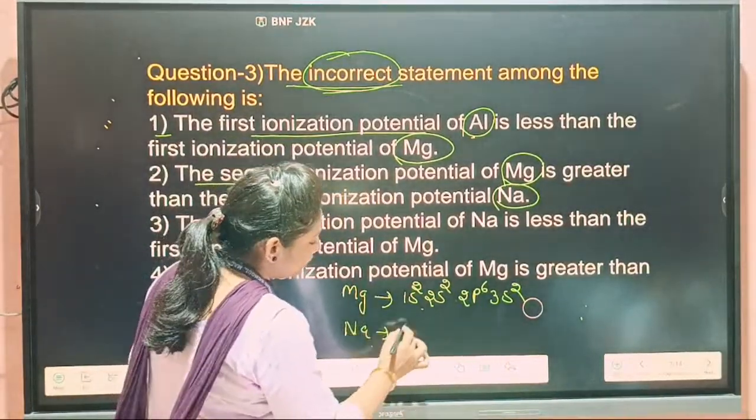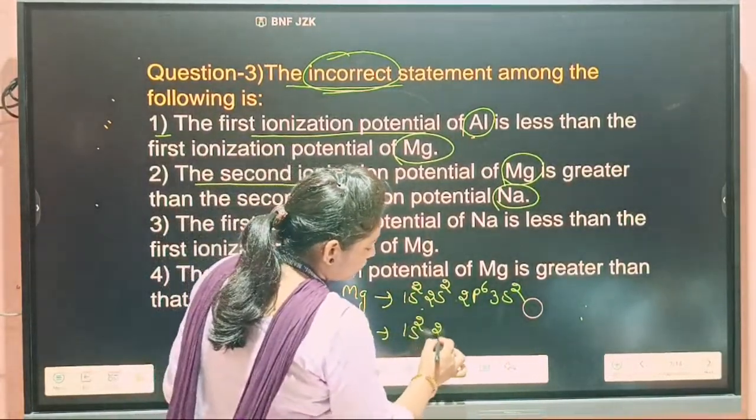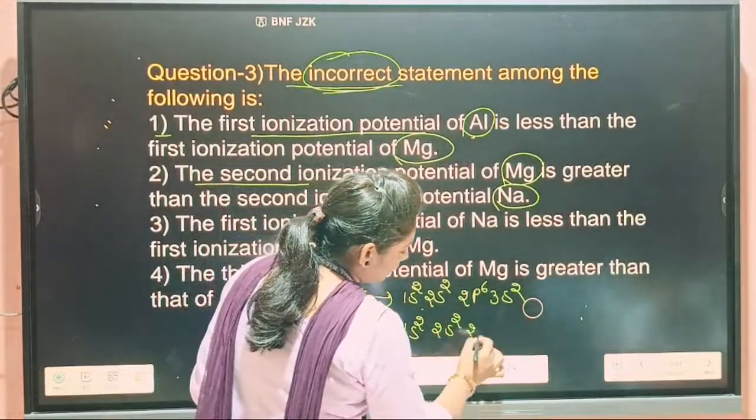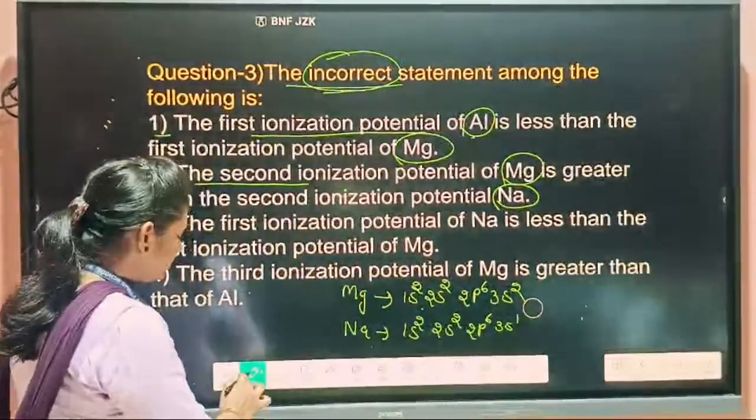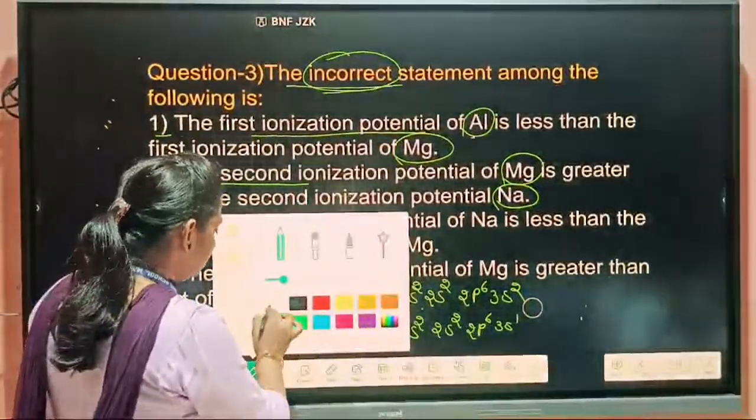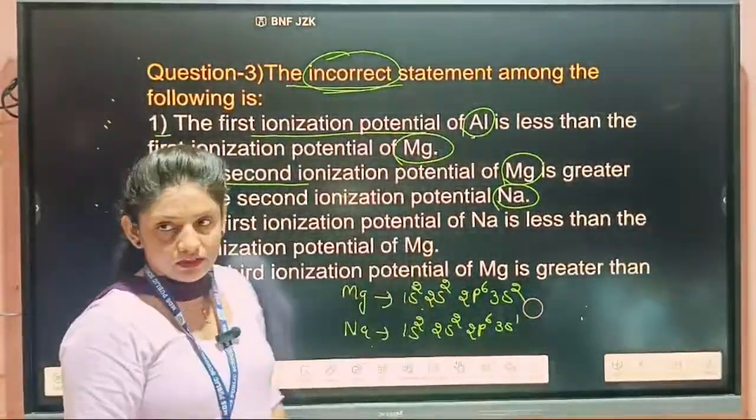Sodium is 1s2, 2s2, 2p6, 3s1. But it is talking about the second ionization enthalpy.